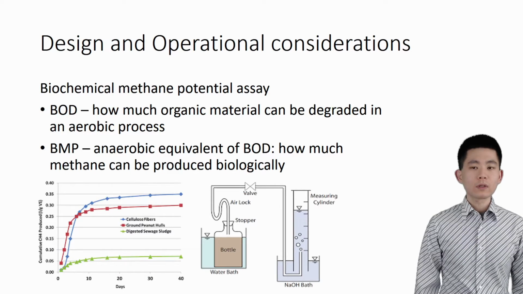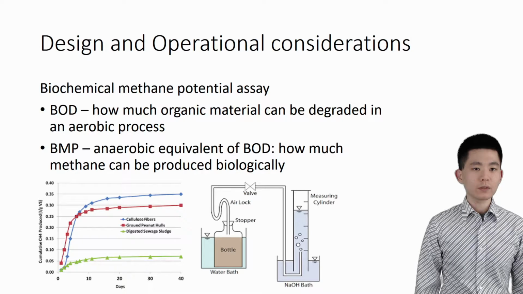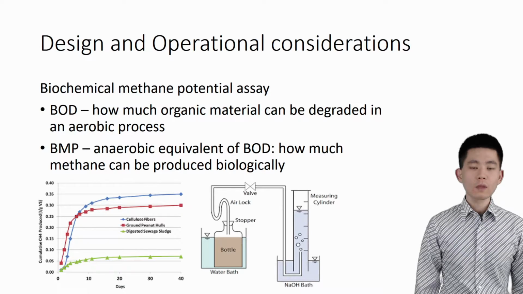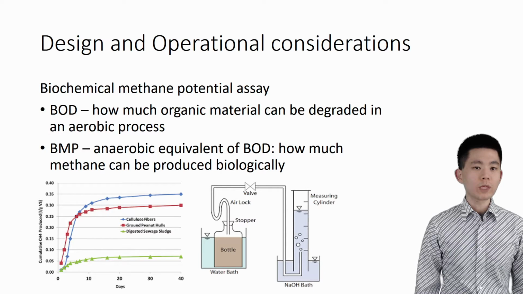In this figure, gas volume is measured by water displacement in a graduated cylinder. Because CO2 is produced along with methane, sodium hydroxide is used to absorb CO2, so the volume you read is just methane. We can also use gas chromatography to measure gas composition in the lab.